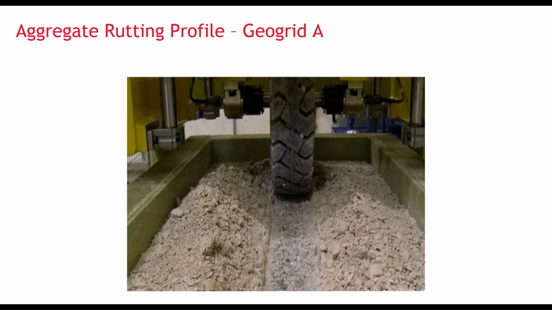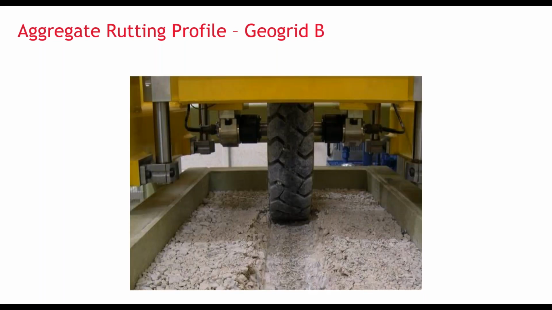You can see that the rutting is reduced significantly. And here's the section using the second geogrid after it was trafficked with the same loading as the other two sections. A much smaller rut and a more stable surface. So we see a difference in performance between the control and the stabilized sections, and also between the two geogrids. But the real story is beneath the surface.